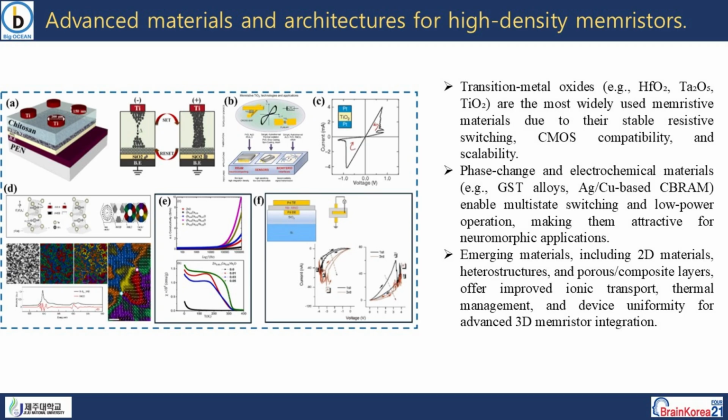Also, phase change and electrochemical materials, for example GST alloys or copper based materials, enable multi-state switching and low power operation, making them attractive for neuromorphic applications. Emerging materials include 2D materials, heterostructures, perovskite materials and porous composite layers, which offer improved ionic transport, thermal management and device uniformity.